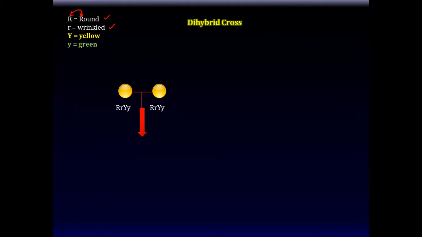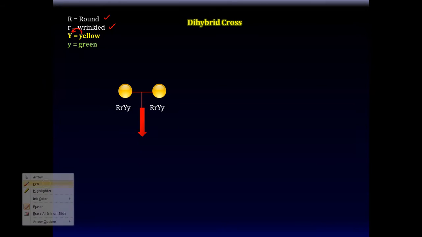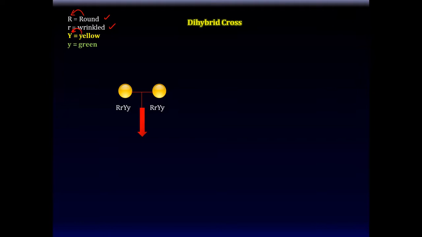And yellow, the gene for yellow color, is dominant, and it gives its name to the alphabet, and green is the recessive gene. Roundness is dominant, which is, I presume, why you see a lot more round seeds than wrinkled seeds. Roundness is dominant and wrinkleness is recessive, and yellowness is dominant and greenness is recessive.